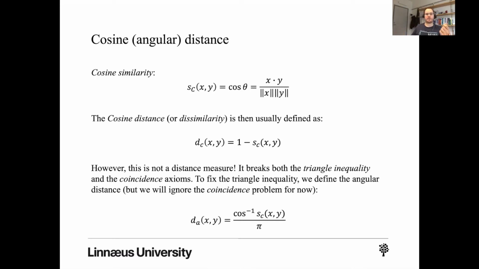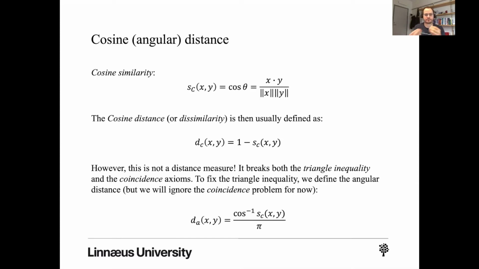You could argue, and that's what they argue in the book, that at this point I'm not considering vectors as having magnitude. I'm just considering the direction of the vector. So that's fine for the coincidence axiom, because if both of them are unit vectors, which means they have norm equal to one, then the only way to have a distance of zero is if it's the same vector.